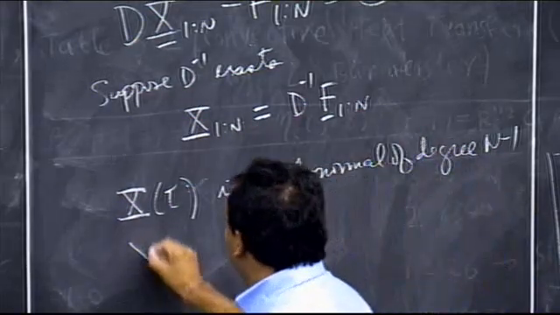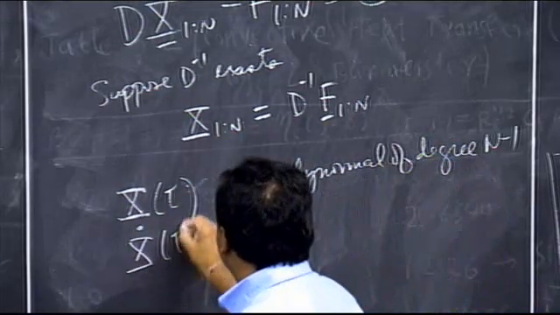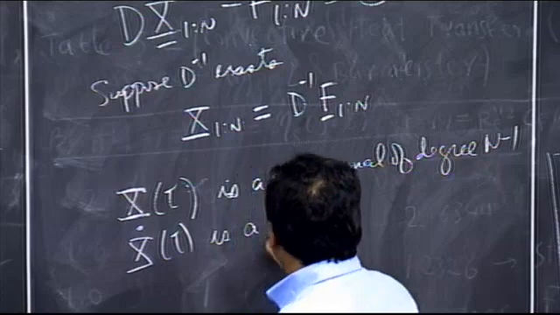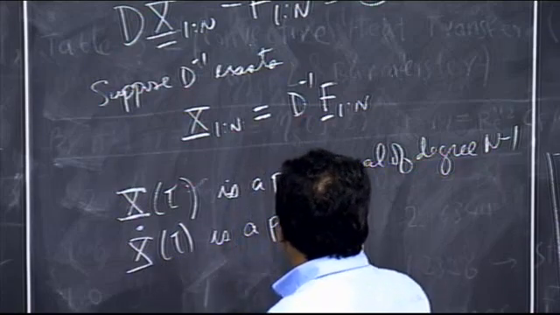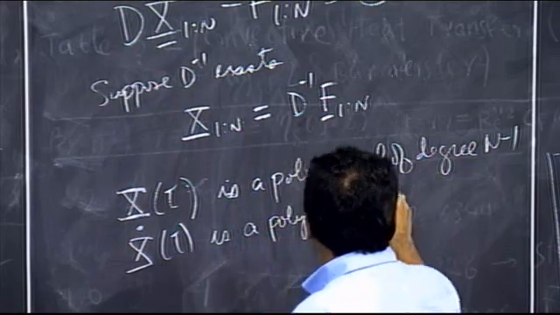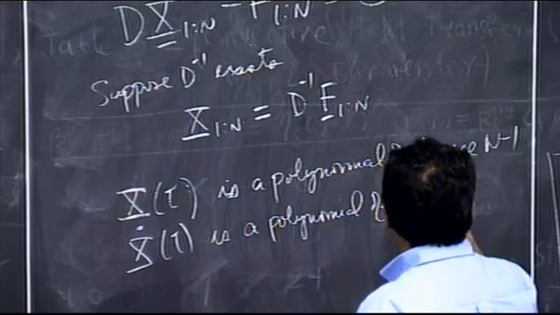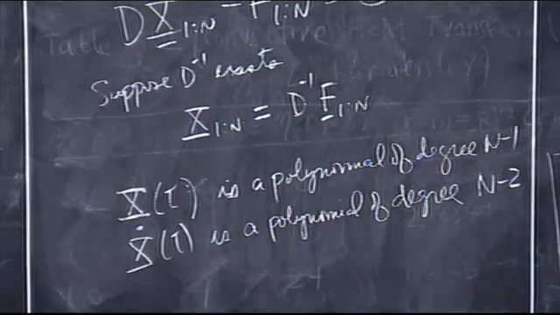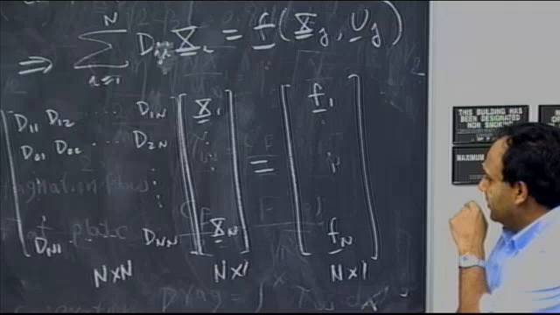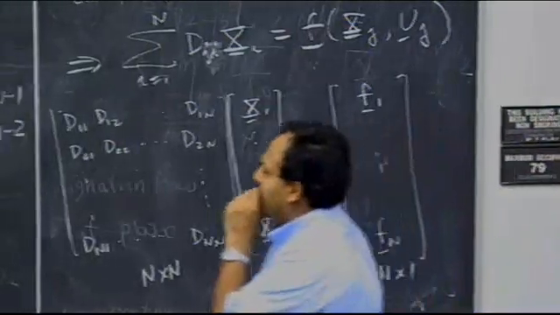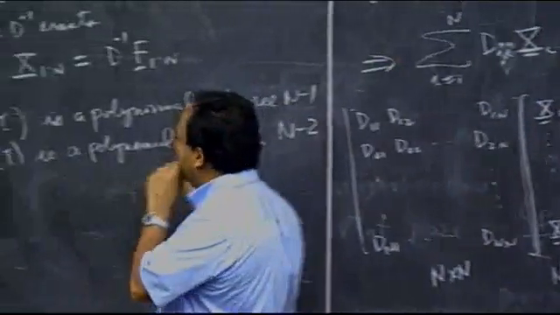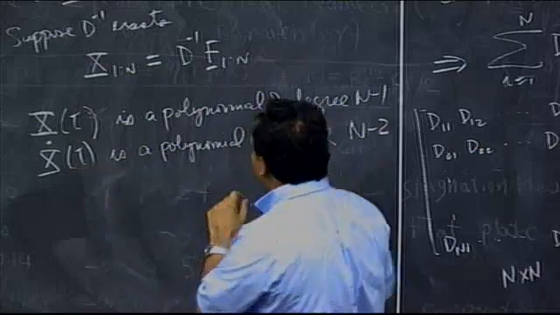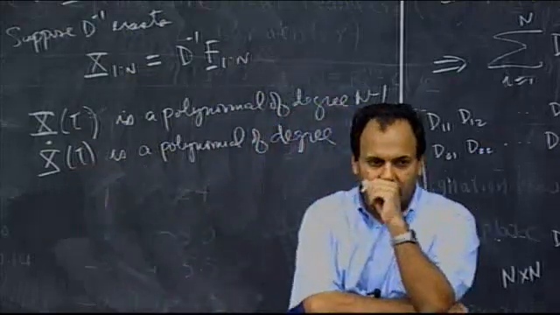So that means this derivative approximation is a polynomial of degree what? N minus 2. How many equations do I have over here? How many vector equations? N. I have capital N. How many vector coefficients do I need to uniquely define a polynomial of degree n minus 2?